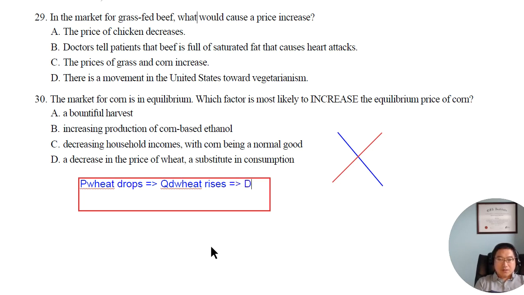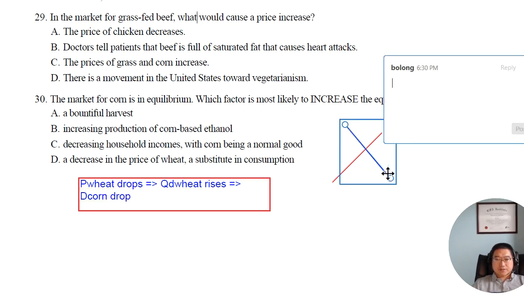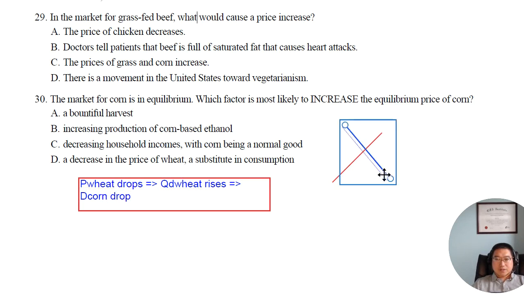The demand for corn drops. So what do we have in the picture? Demand for corn drops. Okay, so let's start from a higher point. Demand for corn decrease. Will that give you a higher price? Probably not. Lower price, less quantity, right? So that's for question 30 for homework 3, the last one.